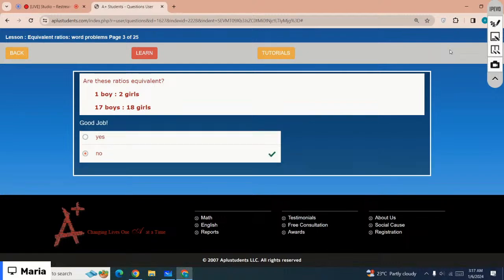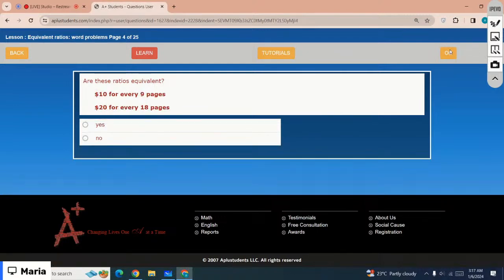Very good. Okay, the next one is, are these ratios equivalent? 10 for every 9 pages and 20 for every 18 pages. So which is the correct option?